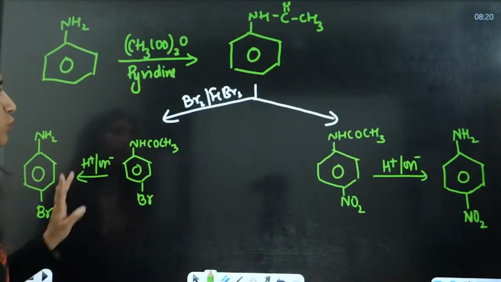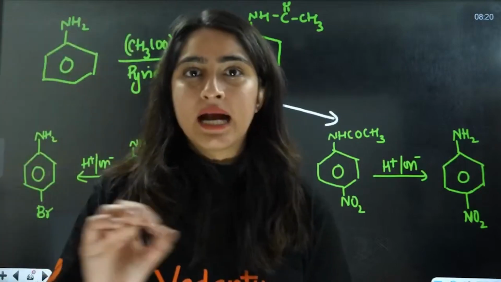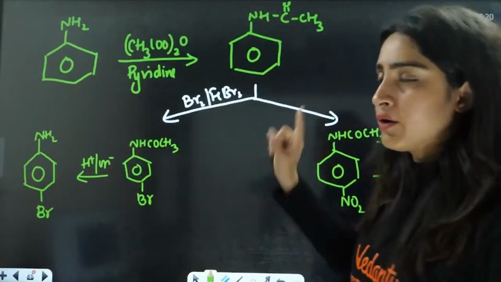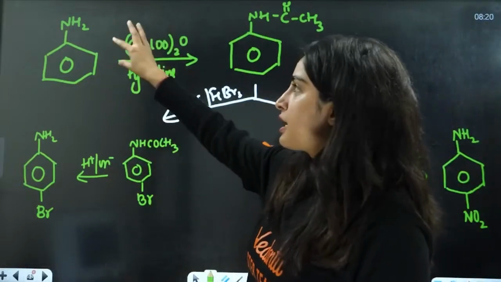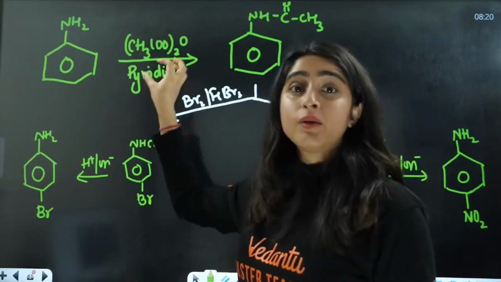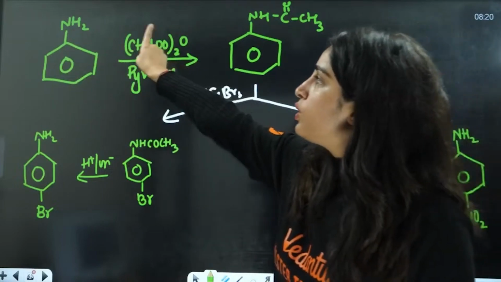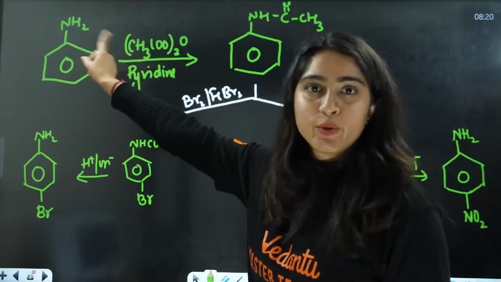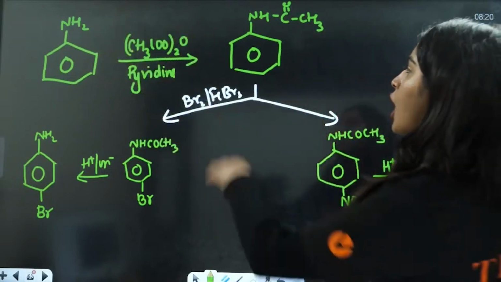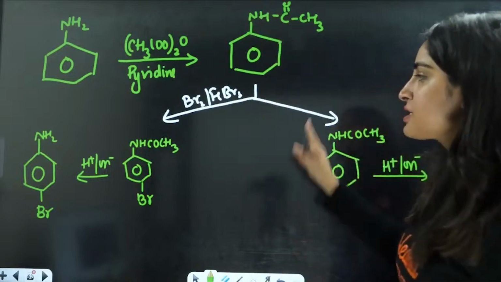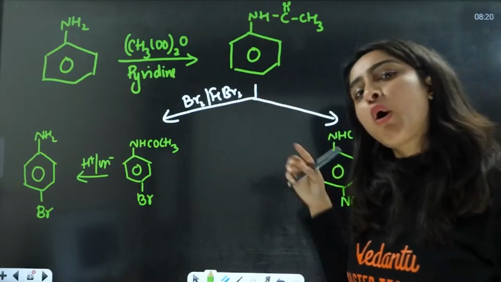Now, how do we get the para product here? Do the acetylation. Acetylation is done by acid anhydride plus pyridine. Pyridine is a stronger base as compared to this, so these two are not going to react here. Once the acetylation is done, do the bromination or the nitration.